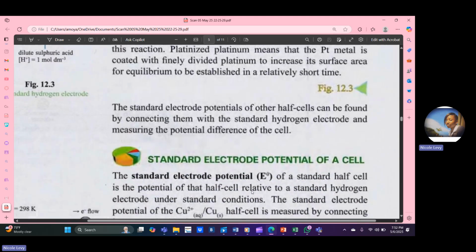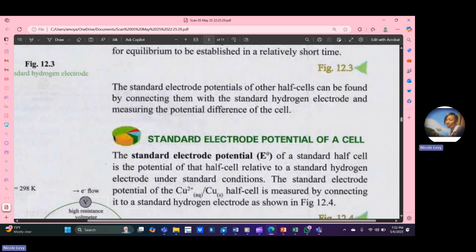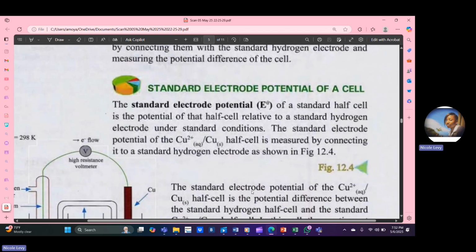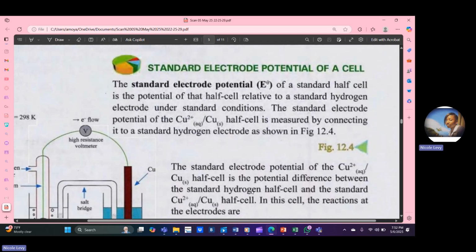The standard electrode potentials of other half cells can be found by connecting them to the standard hydrogen electrode, measuring the potential difference of the cell. And we said that earlier. So we're moving down to the standard electrode potential, which is known as E cell or E naught of a standard half cell.